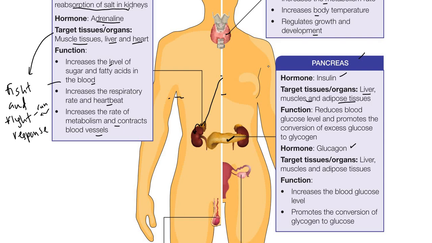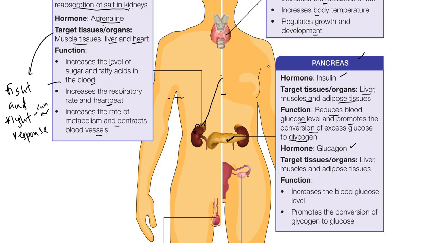So the function of insulin is to reduce the blood glucose level and promote the conversion of excess glucose to glycogen. For example, if we eat too much or drink a lot of drinks that have a lot of glucose, or eat too much sweet food, our blood glucose level will increase.